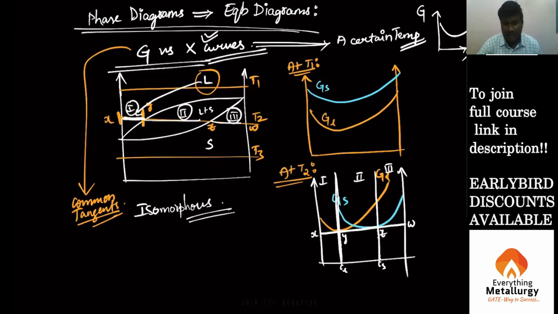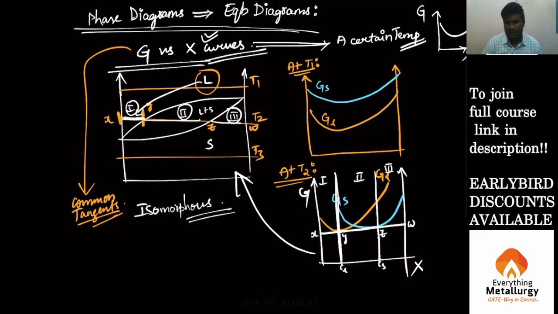That means my G versus X curves explain the stabilities, and you are also directly calculating your compositions because the x-axis is composition, right? From experimental data we form G versus X curves, and by doing this at a range of temperatures we conclude the phase diagrams.